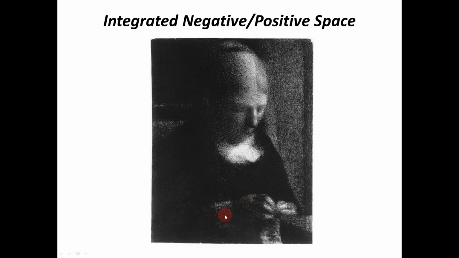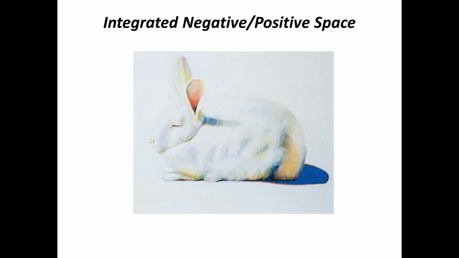We can see part of the hands and a little bit of the wrist area very vaguely, but we can imply the rest of that arm. So there's enough visual information there for us to tell what that is. This is a nice example of a mysterious feeling too, coming from the integrated negative positive space, or one of the elements of that is contributing to it. Another example of integrated negative positive space.